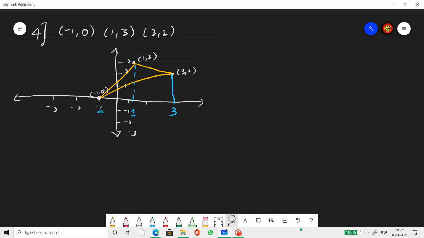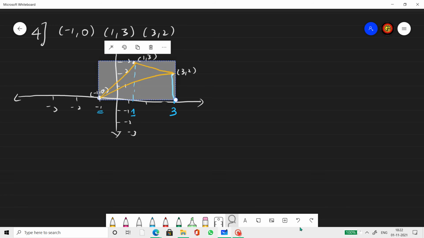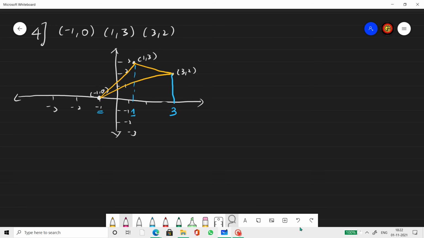I'm repeating, let me name the lines as A, B, C. So I'm integrating AB with limit 3 to 1, upper limit 3, lower limit 1. Integrating this line with limit 1 to 3 will give me this trapezium sort of area.